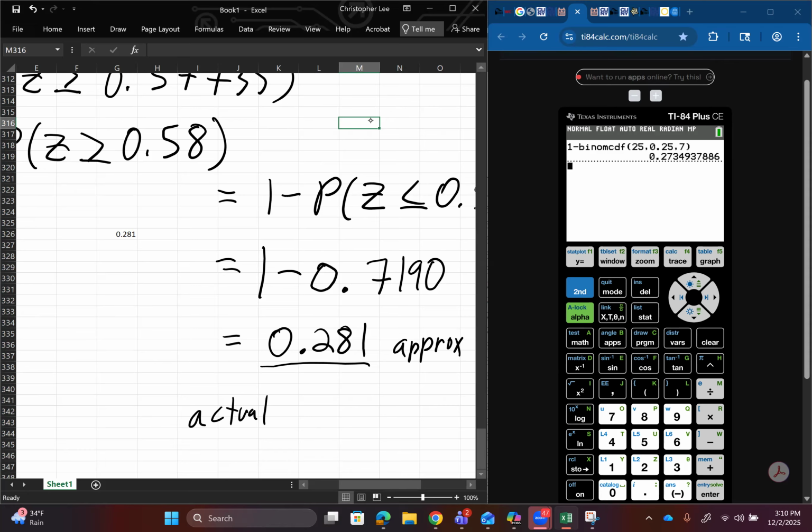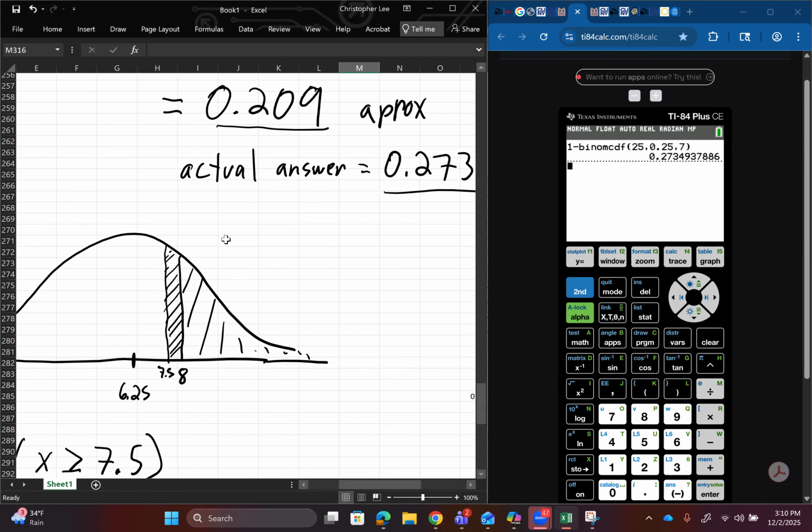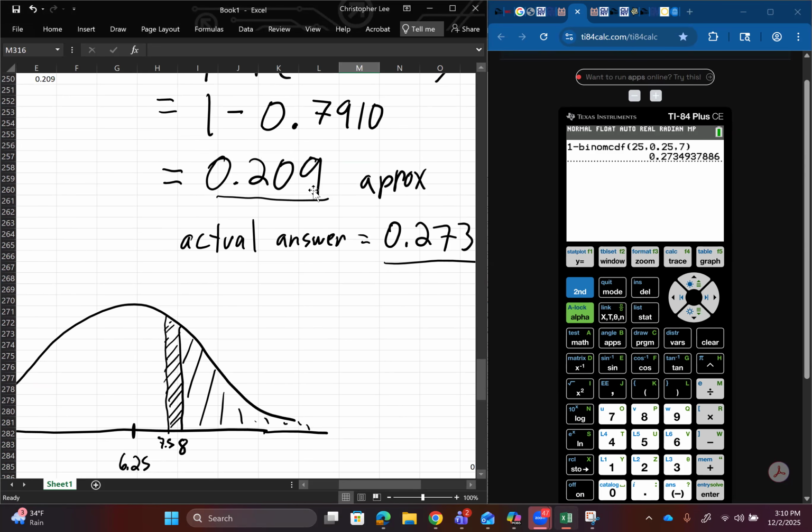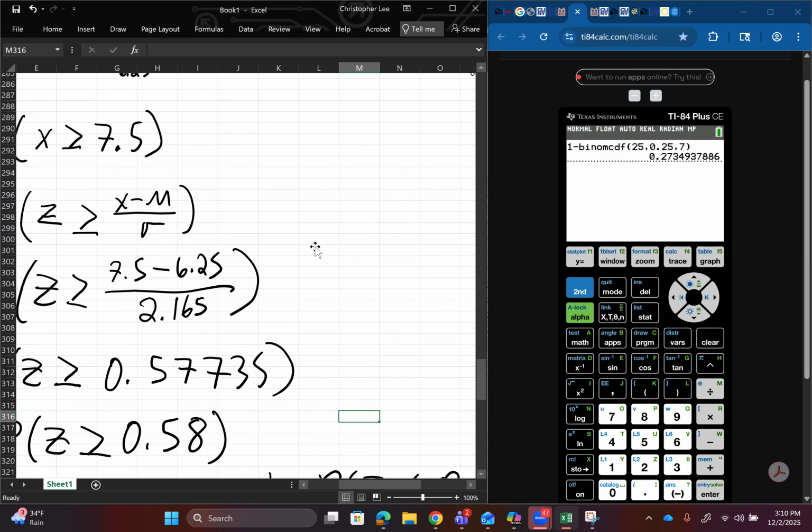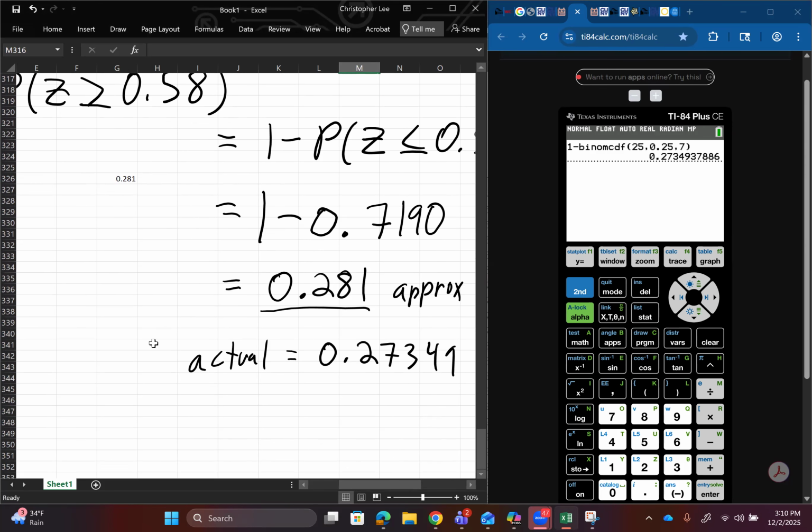It's closer compared to what we did before. This is 0.27349, etc. Compare that to what we had before at 0.209. If you don't have the actual calculator, you can approximate it using this method, like 0.281.